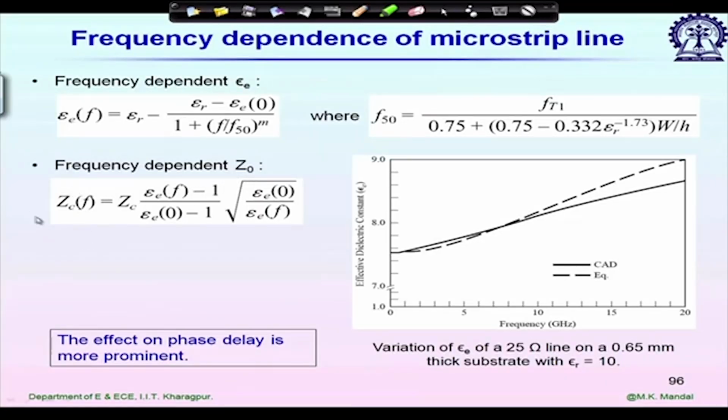Z naught is also a function of frequency, but its variation with frequency is not as significant as epsilon E. So in most of the cases we will simply neglect the variation of Z naught.